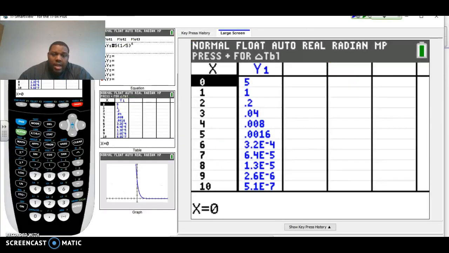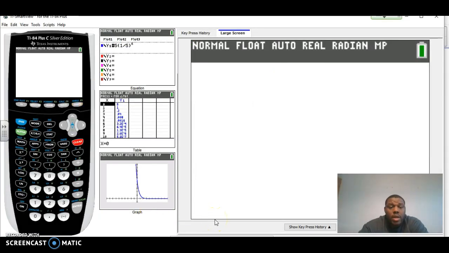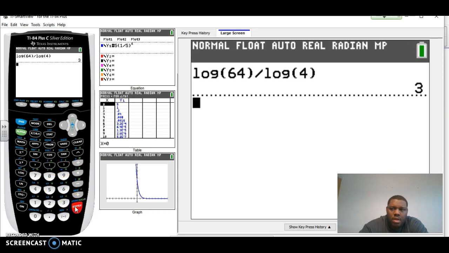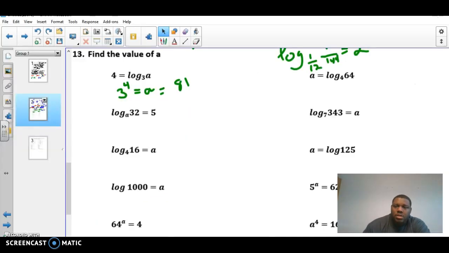Guys, you can go to your calculator, and what you do is you put log of your argument and divide it by the log of your base. Log of your argument divided by log of your base. So if we go back and look at this, there's your base, there's your argument.